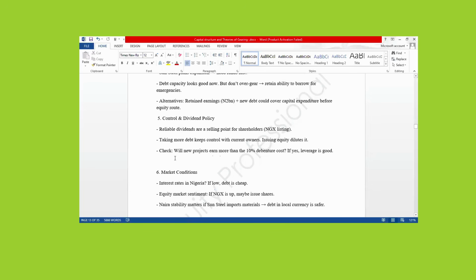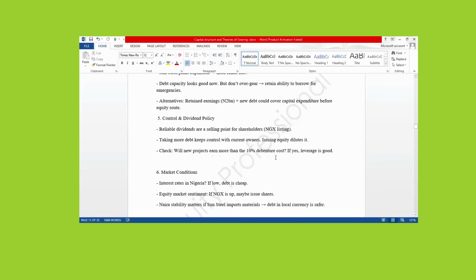The company should check if the new project earns more return than the cost of debt. Look at this point. Check if the new project earns more than the cost of debt.